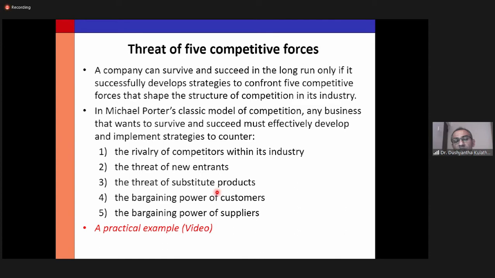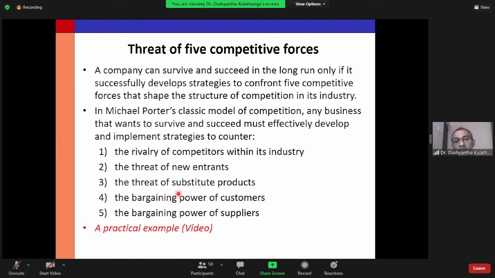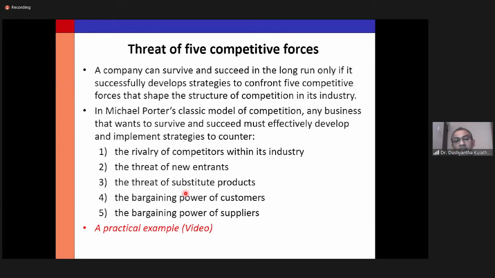When you go to the internet, you are in a position to easily compare the prices between different sellers. Then we say that the bargaining power of customers is increased, because customers know the prices offered by different vendors, can easily identify the sellers who offer a lower price, and can purchase from those sellers.